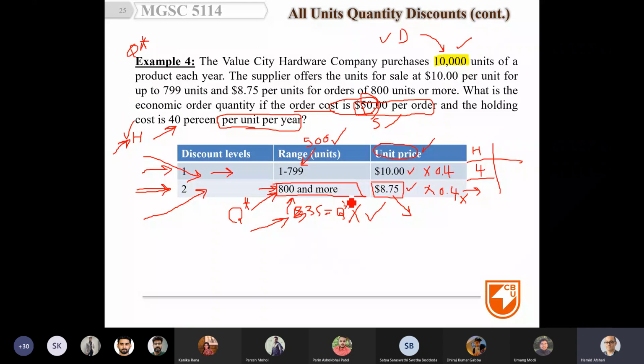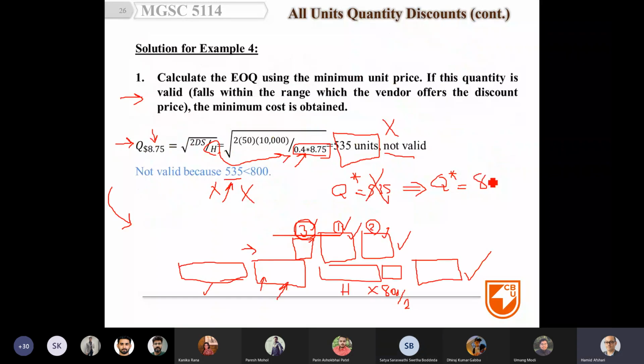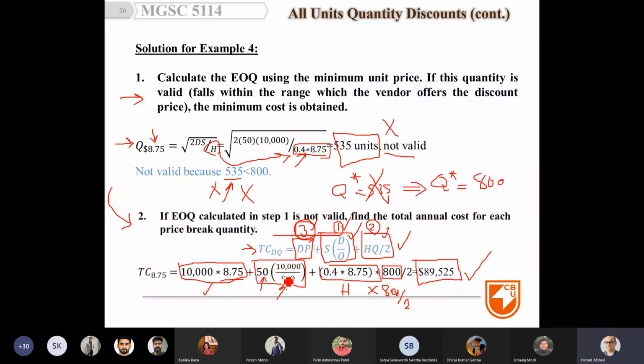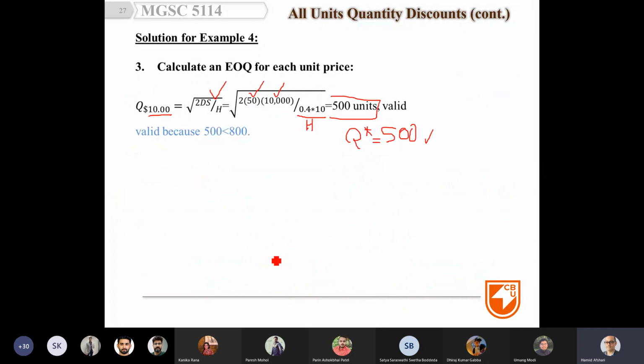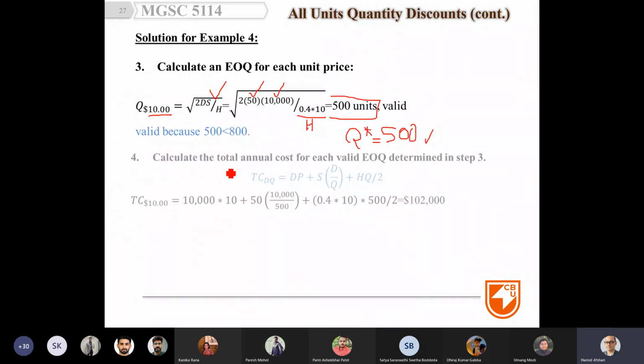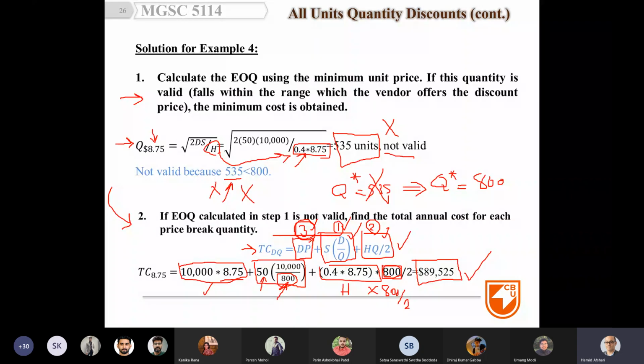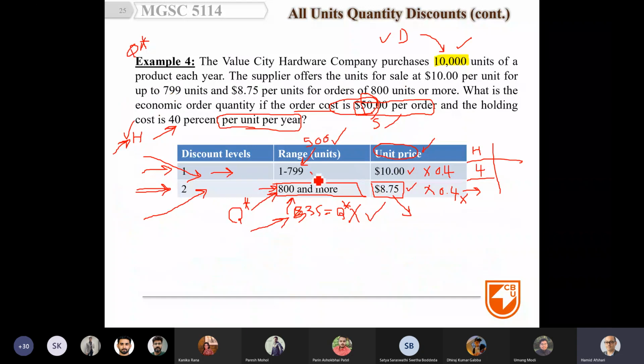800. So in all of my calculations in step number 2, for Q, I'm using 800, correct? Everywhere I'm using 800. But for the third step, when I calculated the economic order quantity, I reached 500. And if I go back, 500 is valid, because 500 is a number between 1 and 799, the range of the discount.